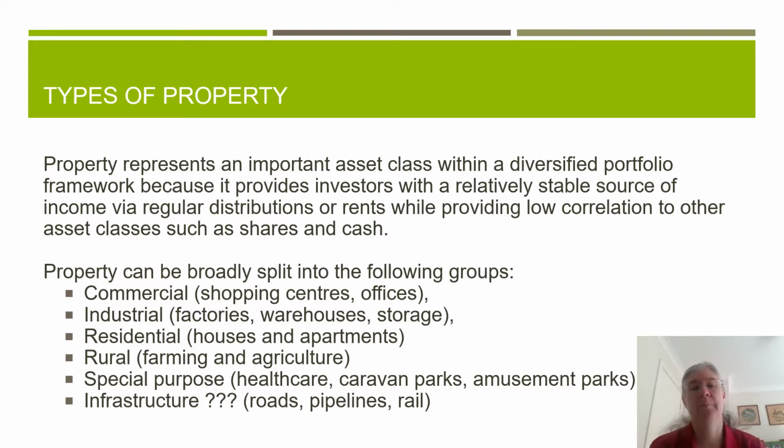So property is a really important asset class, and as you know from talking to people, it's very popular. What's really interesting is that it gives people who are investing in property stable income. That's what people are looking for. They're getting their income via rent usually. And it has a low correlation to other asset classes such as shares and cash.